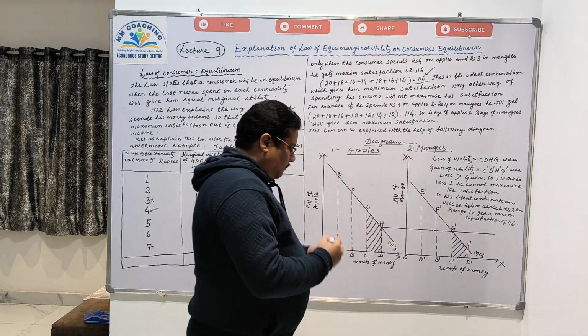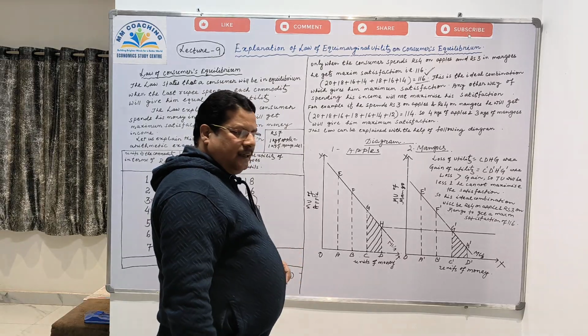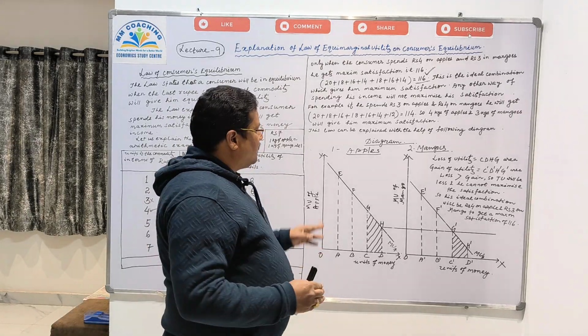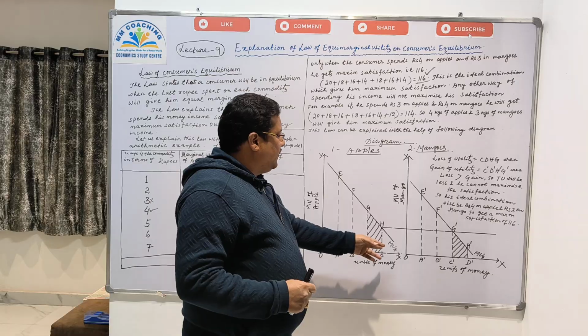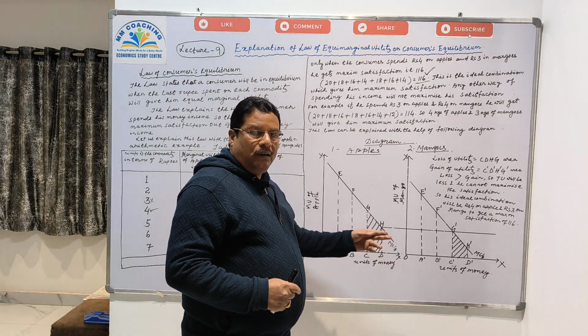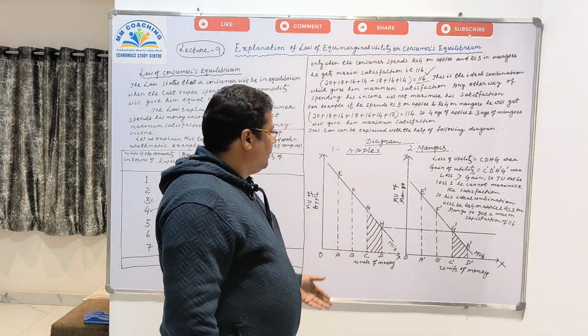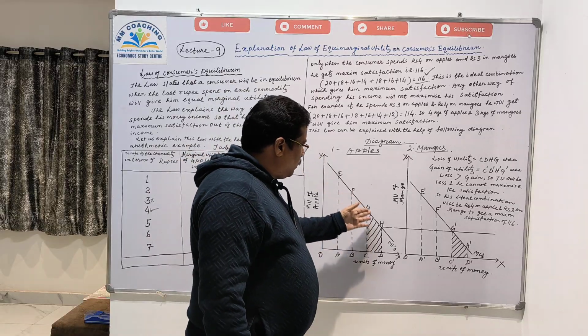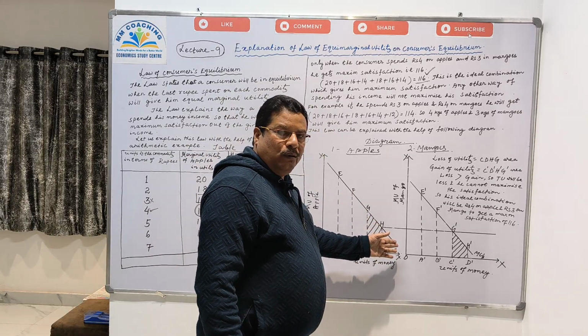You know that from the law of diminishing marginal utility, what is the shape of marginal utility of apple curve? You know that it slopes downward from left to right.